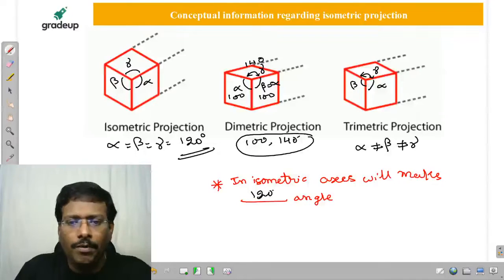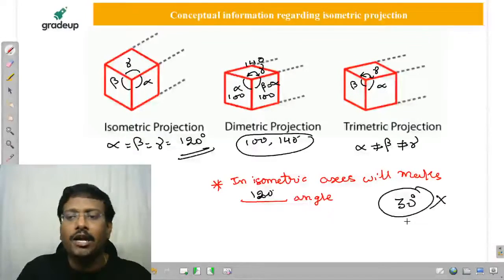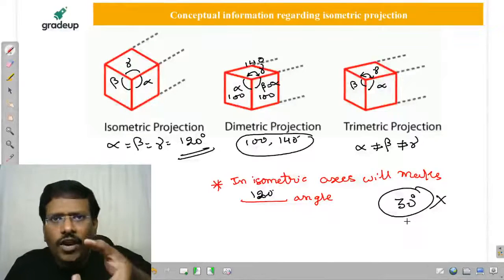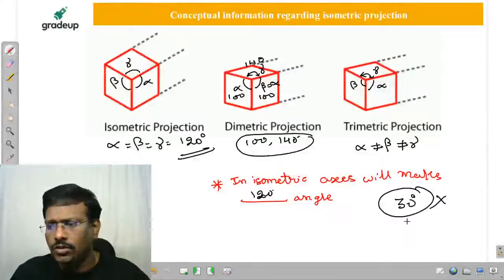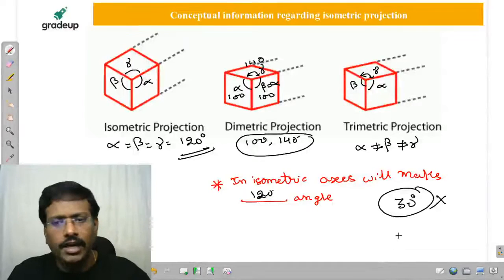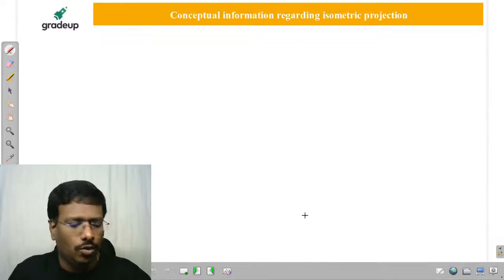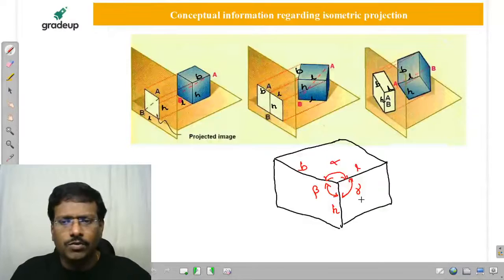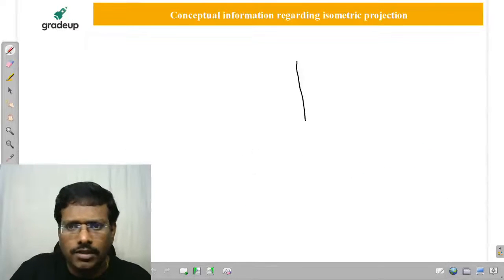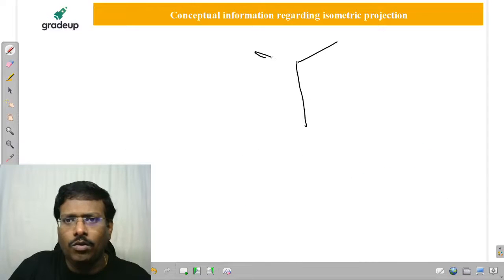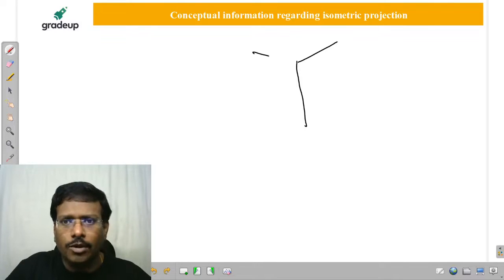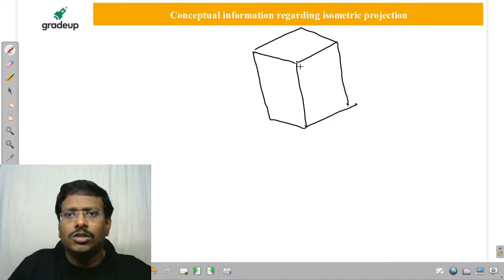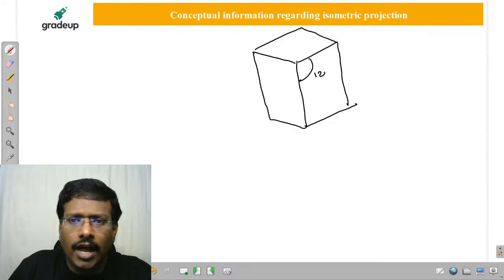But most of the people will have a confusion. They will write 30 degrees. Why, sir? Because we gave the teaching like that in the first year stage. I won't say they are wrong. Once it is 120 degrees here, and here also 120 degrees, I will accept it.